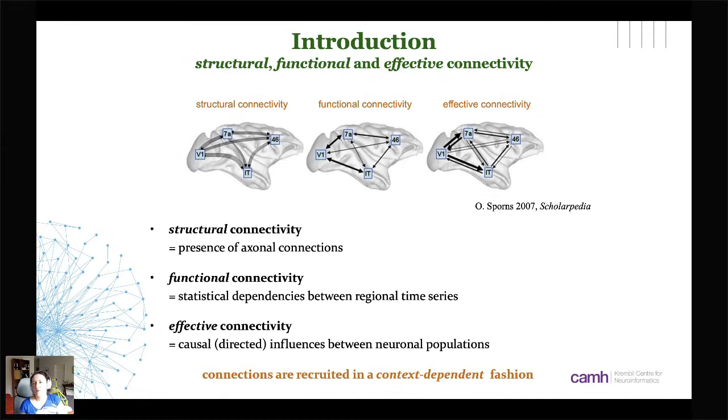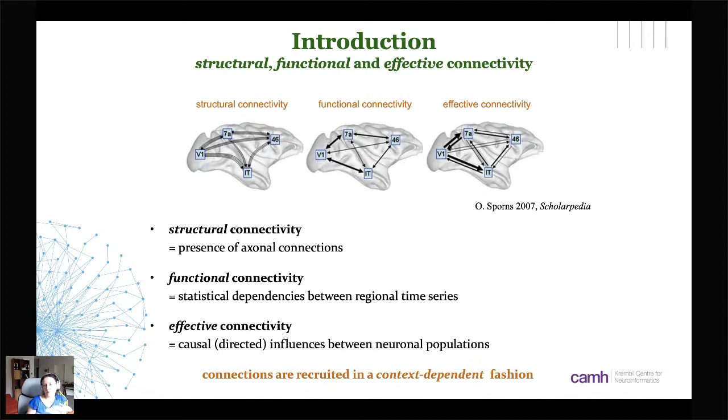And importantly, we are modeling contextual effects of learning or load or following a pharmacological intervention, following, let's say, transcranial magnetic stimulation. So we're really focused on these contextual effects on effective connectivity.